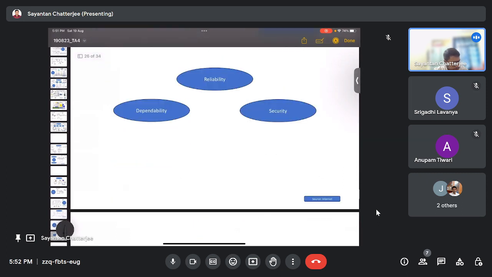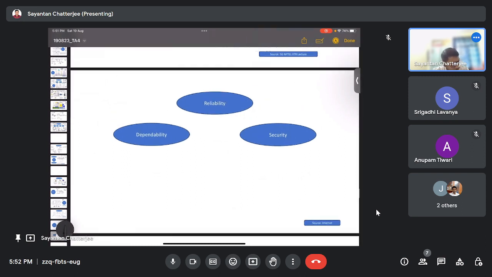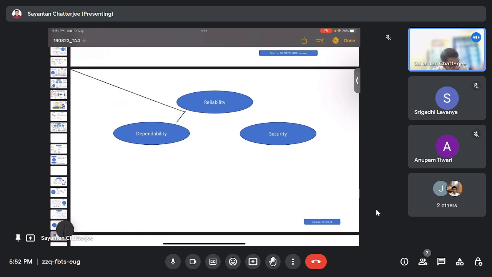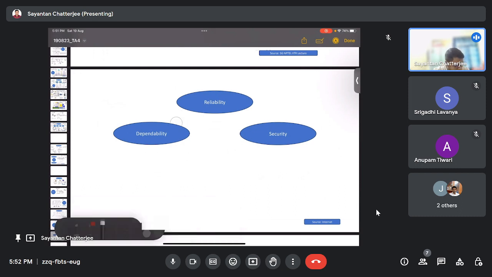And lastly, the relay should follow some features, that is, reliability should be met. To justify the reliability, two parameters are taken into consideration: dependability and security.